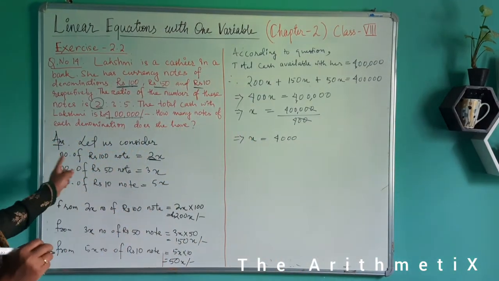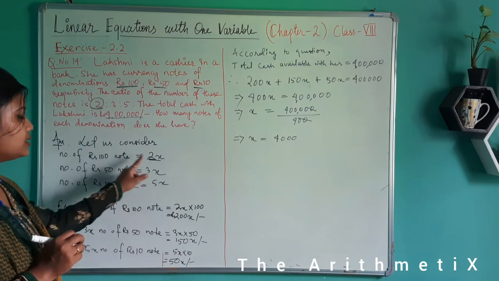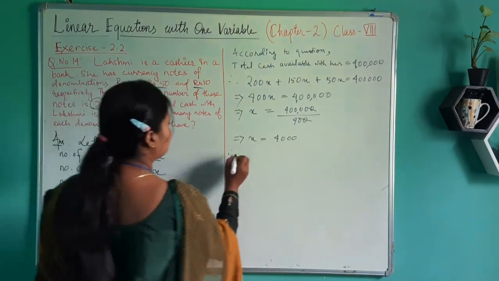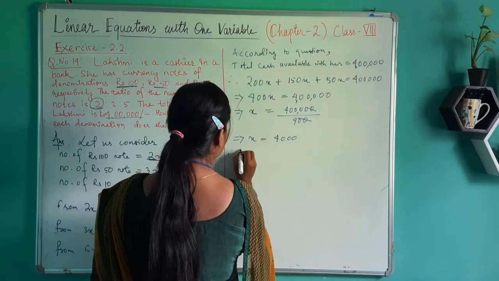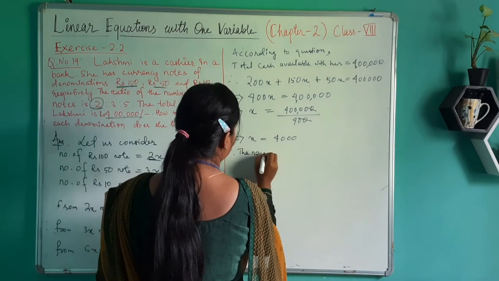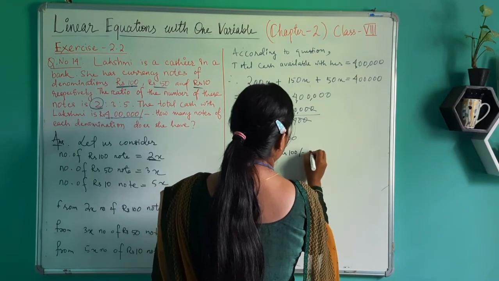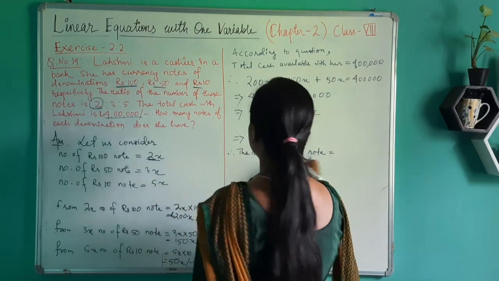So, we have considered 100 rupees note as 2x. Now, it is very easy to find out the number of 100 rupees note. We considered it as 2x.